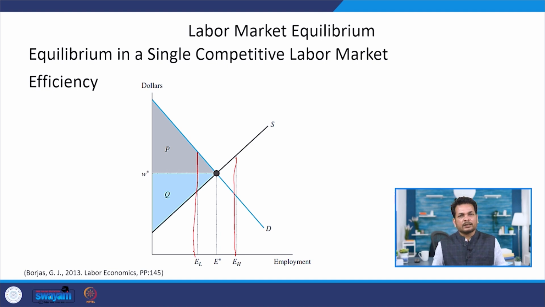The excess workers at EH have the value of marginal product that is less than the value of time they could have spent elsewhere. So, in effect, these EH workers are not being efficiently used by the labor market, they are better off somewhere else.